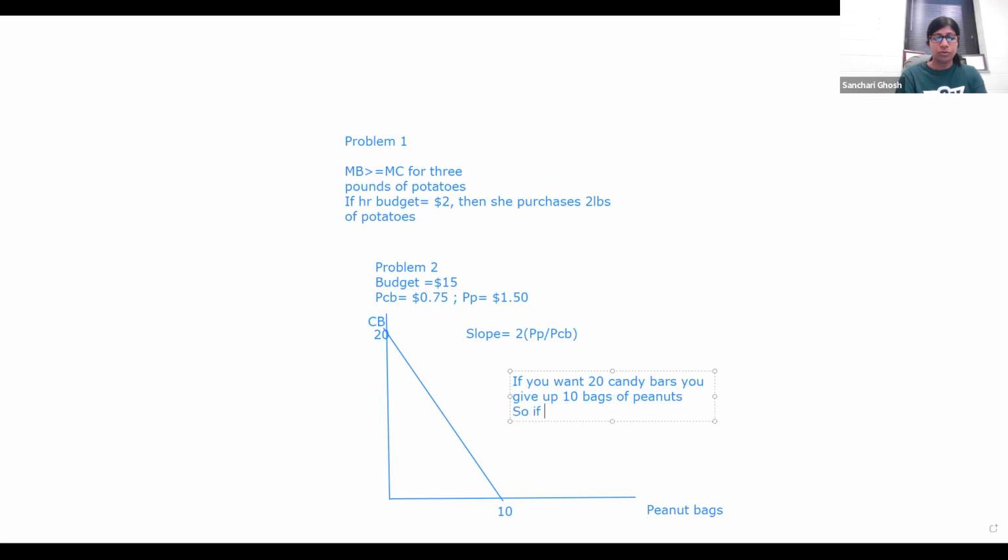So in terms of 1, we usually define opportunity cost for 1 incremental unit. If you want one candy bar, you will have to give up 2 bags of peanuts.